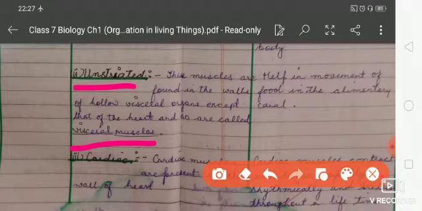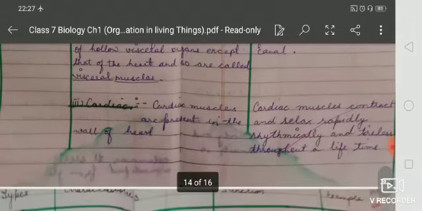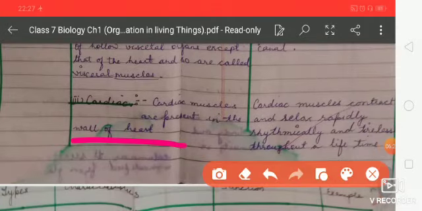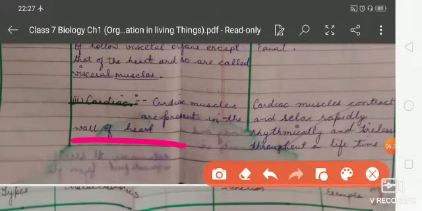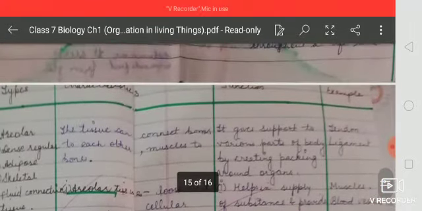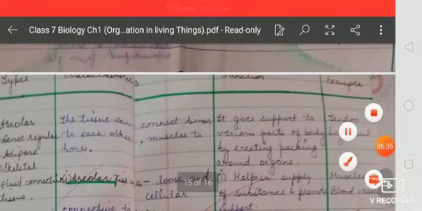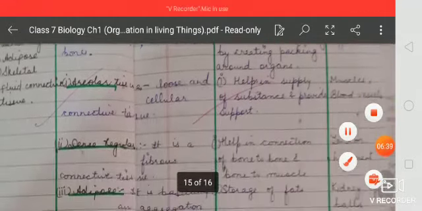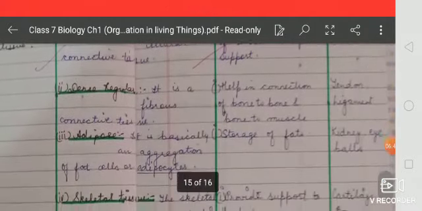Next one is cardiac muscles. These cardiac muscles are present in the wall of the heart. Due to the presence of these muscles, it is very strong. And next one is areolar, dense regular and adipose tissue. This one is very important for the function of adipose tissue.